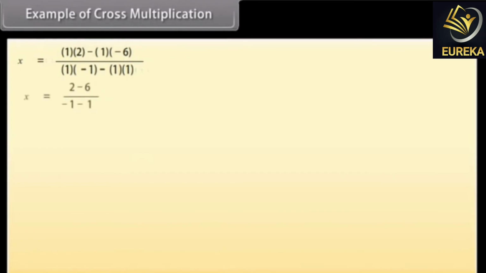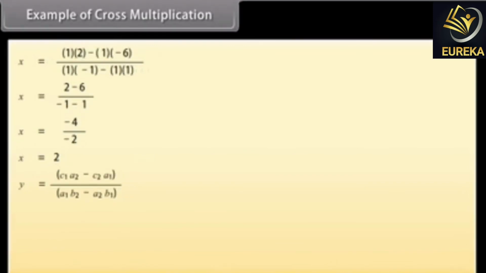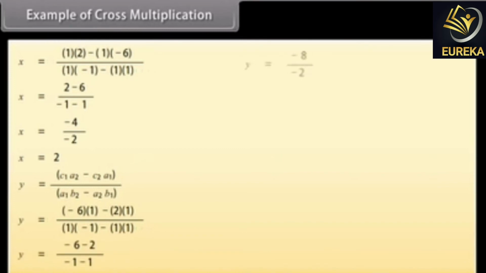By calculating we get x is equal to 2. y is equal to c1 a2 minus c2 a1 upon a1 b2 minus a2 b1. Now by substituting the values we get y is equal to minus 6 into 1 minus 2 into 1 upon 1 into minus 1 minus 1 into 1. By calculating we get y is equal to 4. Therefore the solution is 2, 4.